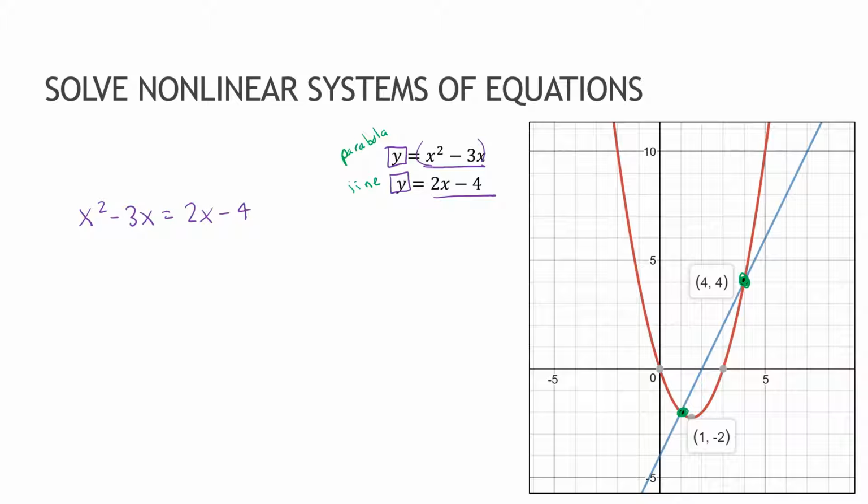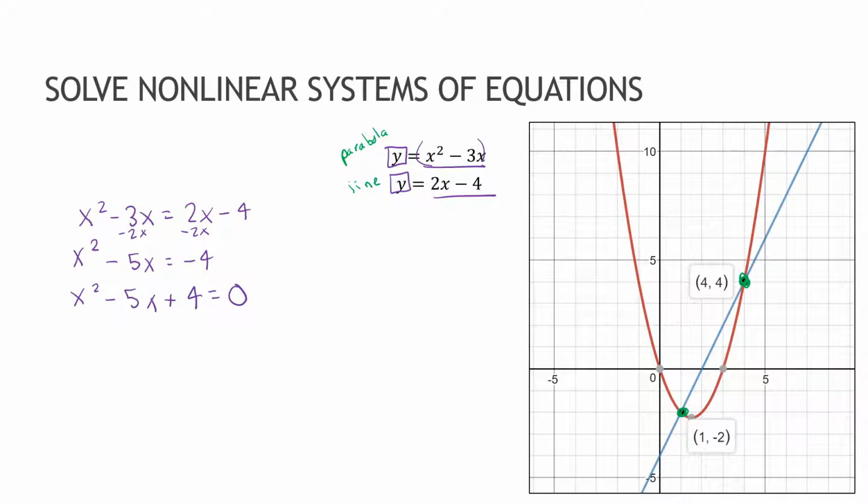This is a quadratic because my largest degree is 2. So let's get everything to one side. Let's subtract 2x from each side. That gives me negative 5x. Let's add 4 to each side, because we always want it equal to 0. From here, I would then try to factor if possible.